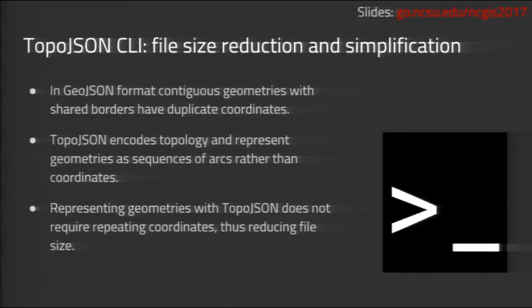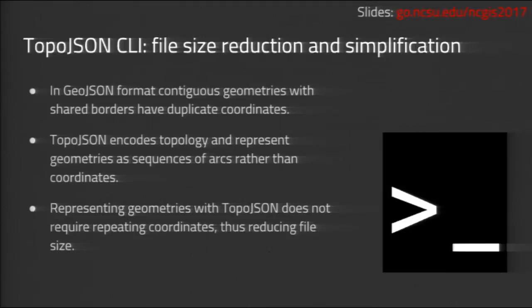So this is where Topojson comes in. So it encodes topology instead of coordinates. So your geometry is represented as a sequence of arcs rather than coordinates. So this means if we have shared boundaries, we only represent that in our data set once. So we're not duplicating any information. And doing that, it means that we can reduce the file size.